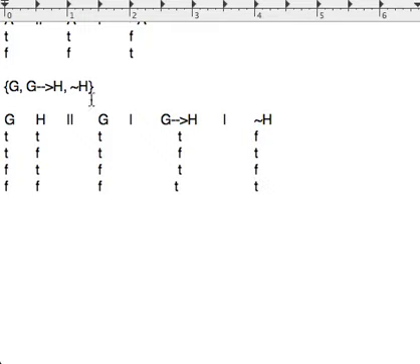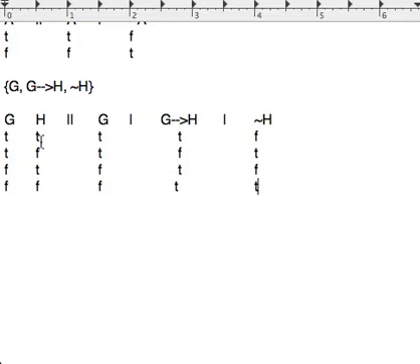But notice that G is false. So on this truth value assignment, it's still not the case that each of the sentences can be true at the same time. And all of these possibilities exhaust all of the possible ways of assigning truth values. So this set turns out to be an inconsistent set.